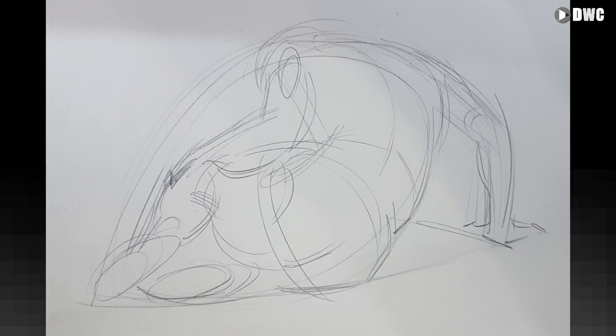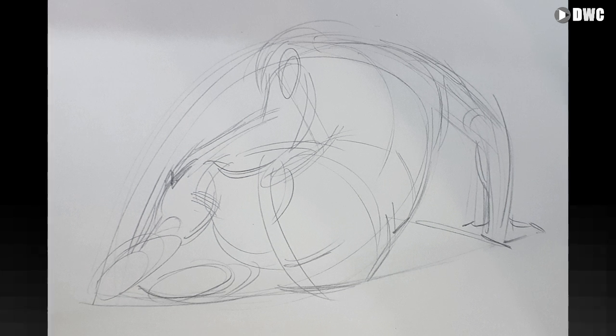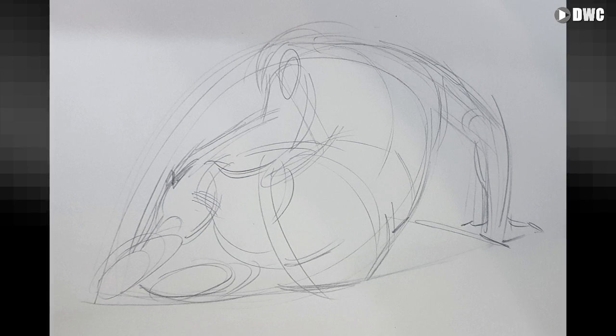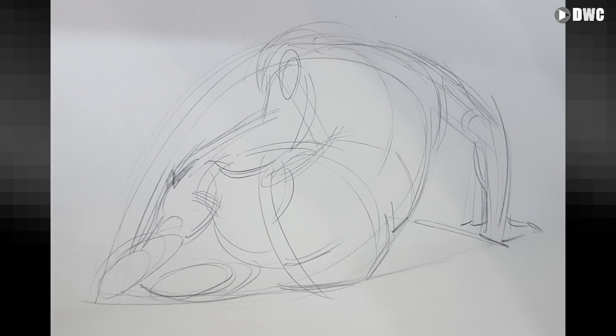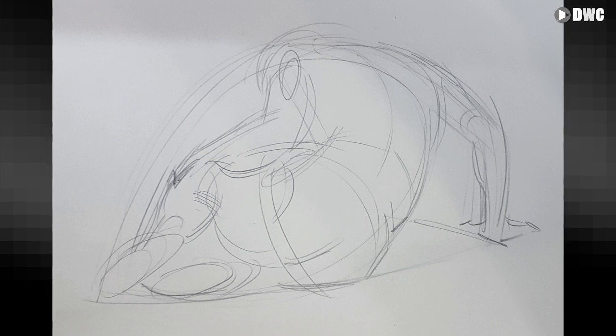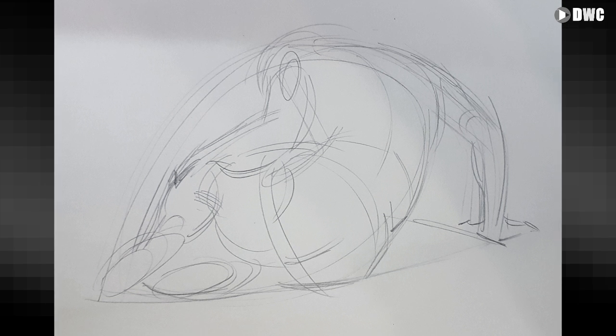Thinking in big graphic shapes, simplifying the complexity of the figure. Simplifying the anatomy into a box, the torso into a box, the arms and legs into cylinders, and starting to indicate not only the shapes themselves, but points of insertion. That's what some of these marks and circles are.